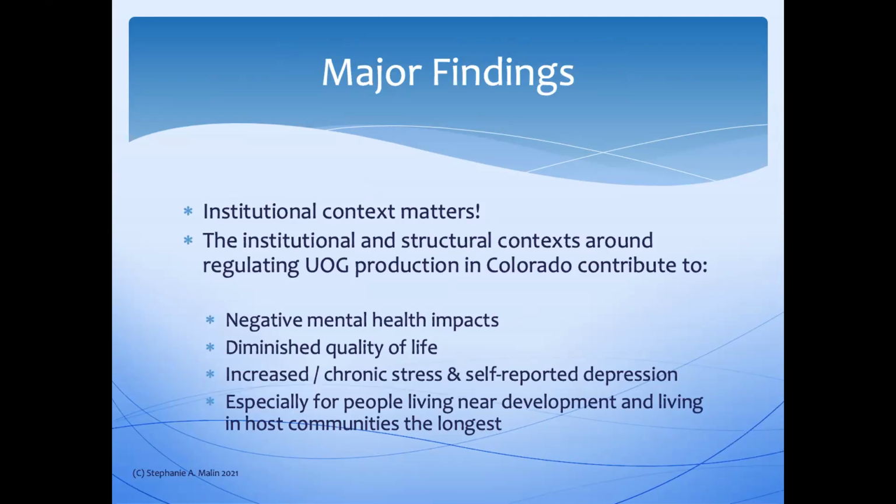In this case, the way in which oil and gas production has been regulated or not regulated in a state like Colorado, the lack of power that people have in affecting that, have created institutional and structural contexts that relate to and help drive negative mental health impacts, diminished quality of life, increased and chronic stress and self-reported depression. And this is especially true for people who live really near development, so within a half mile or less of development, and folks who've lived in host communities the longest.